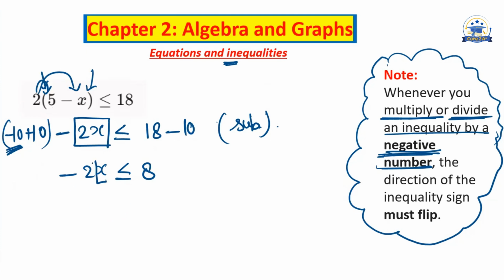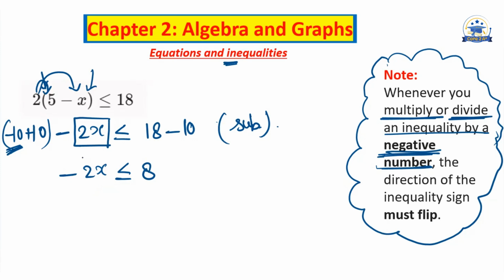Keep x alone on the left hand side and remove this negative 2. How can we remove it? By erasing? Just erase the negative 2 and it will be erased. No, I'm just kidding. Here we have to divide by negative 2. Am I right?